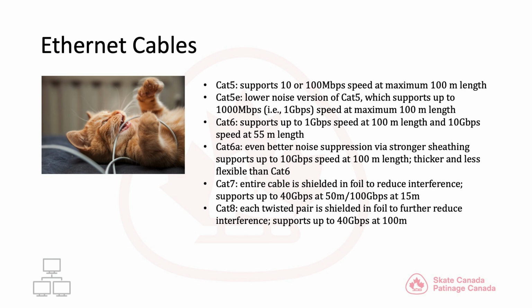And by using stronger sheathing and foil wrapped around the cable conduit, or even foil wrapped around the individual twisted pairs, Cat6a, Cat7, and Cat8 cables can support even faster network speeds. But something to keep in mind is that Cat7 and 8 cables are thick, they're less flexible, and they can be quite expensive. And something else to keep in mind is that most computer-grade switches, routers, and laptops can only support up to 1 gigabit per second anyway.